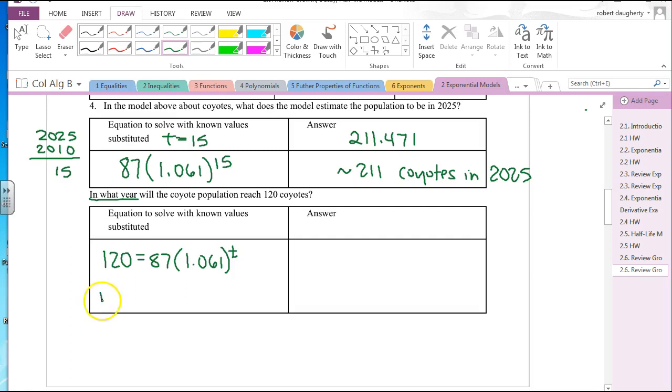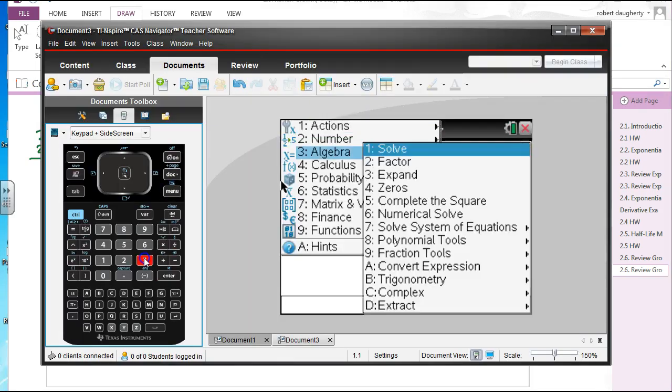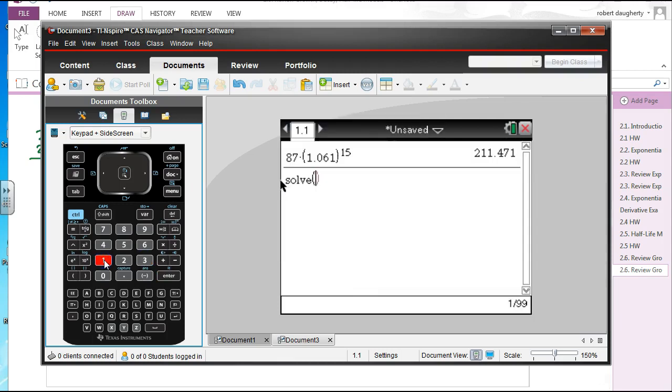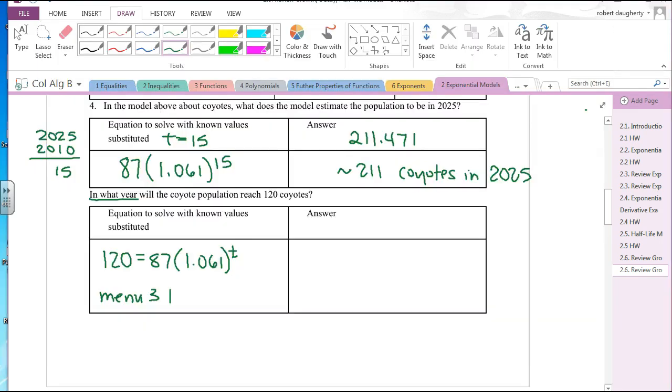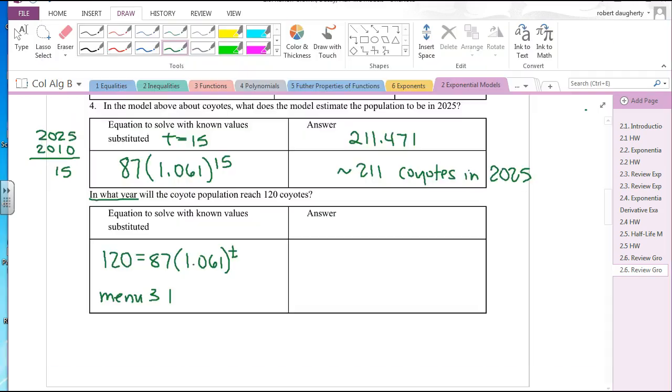On my calculator, I'm going to use the nsolve command, which is menu 31. I'm trying to solve when the population equals 120. So 120 equals 87 times 1.061. Let me make sure I got that right.